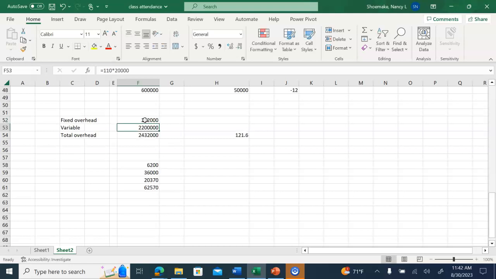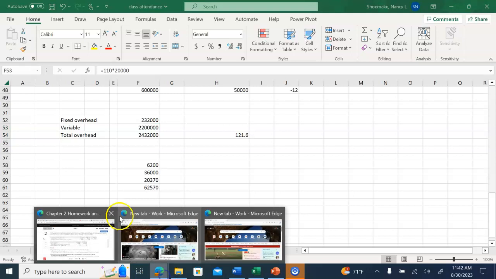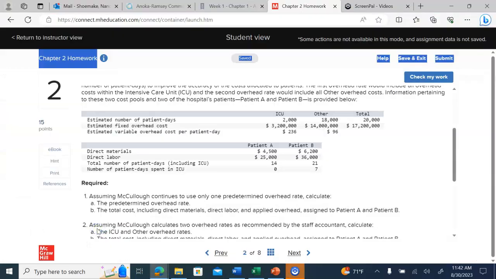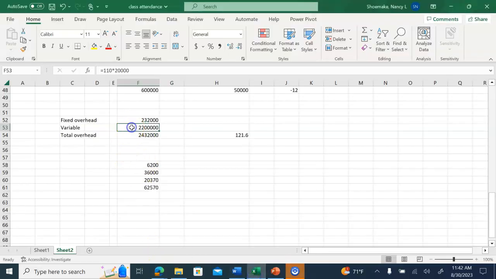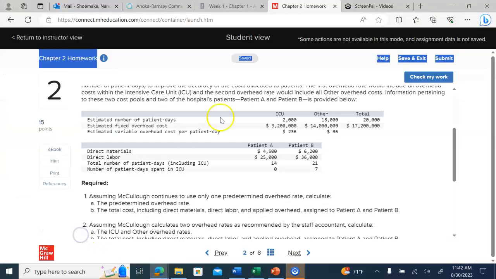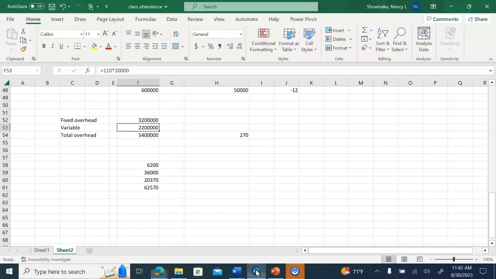No. The fixed is 3,200,000. The variable is $236 times 2,000.